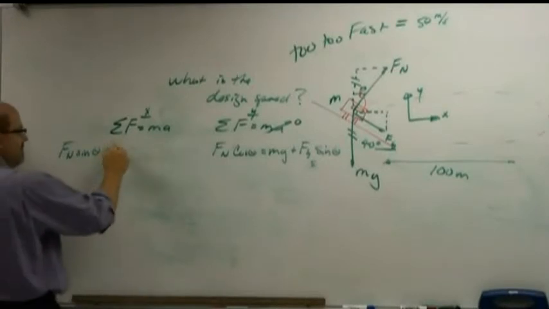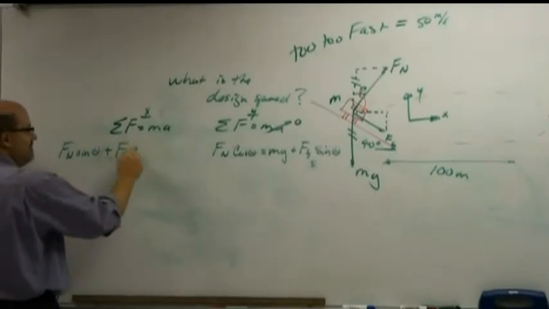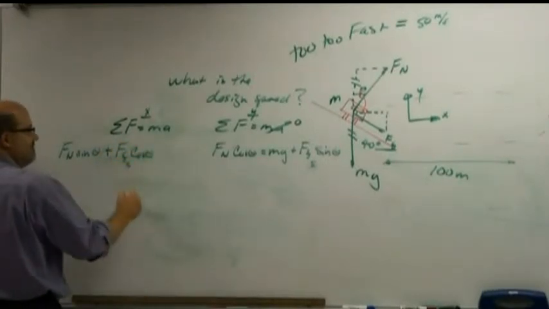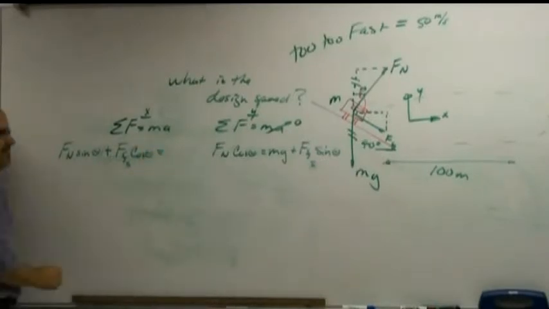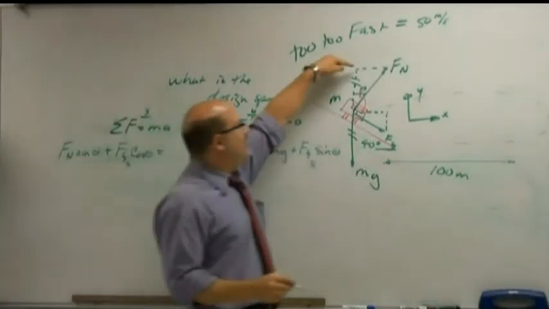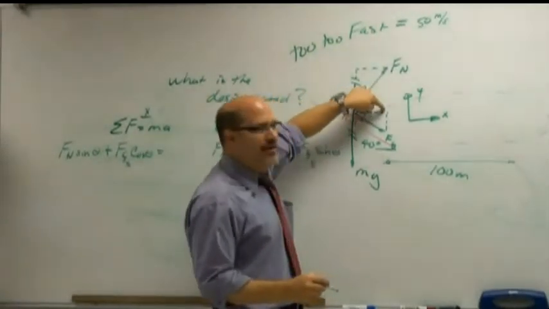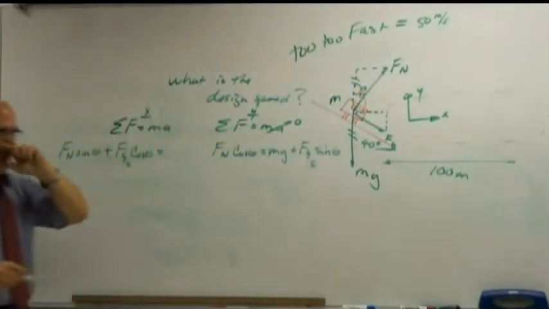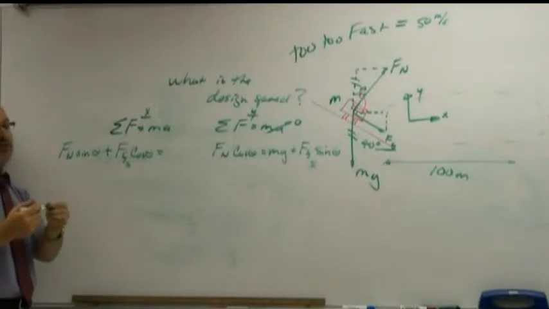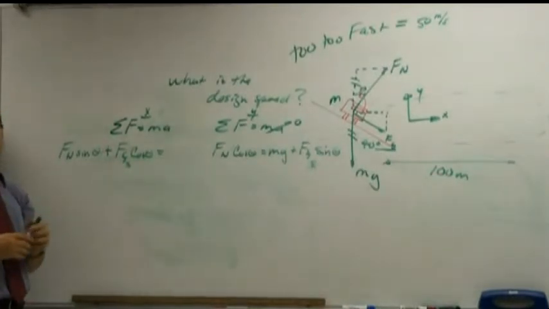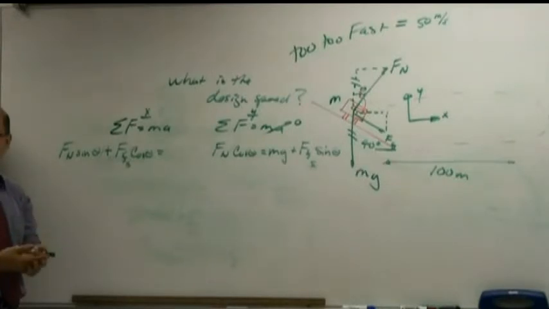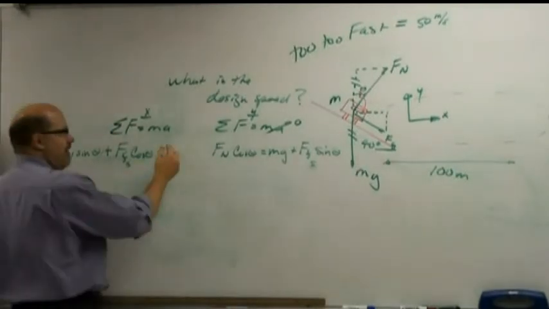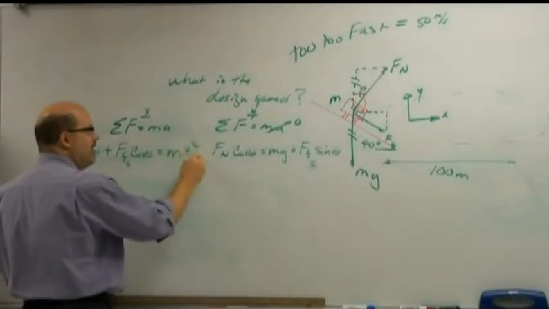Equals mv squared over r. So your friction's helping you. That should make sense, because if you're going too fast around the turn, you need something extra to help you. All right, and then we get an mv squared over r.